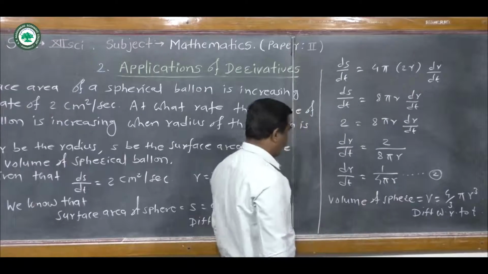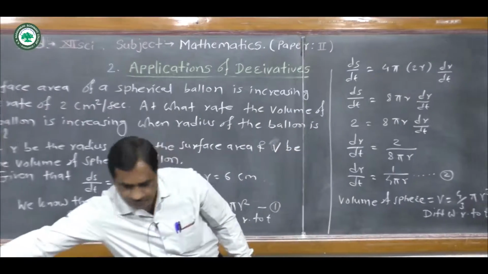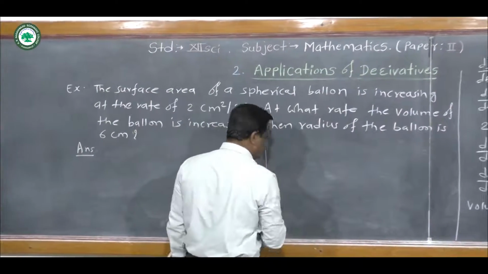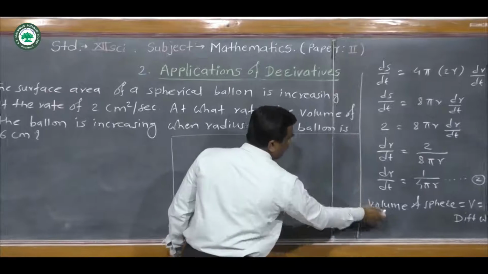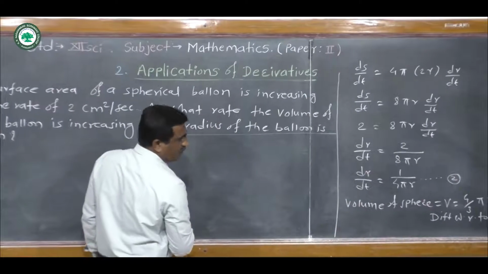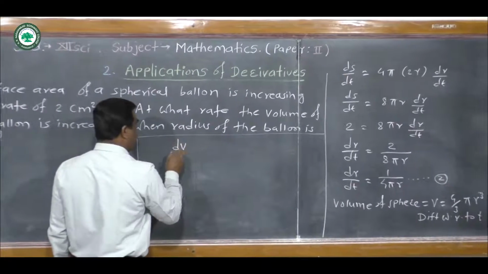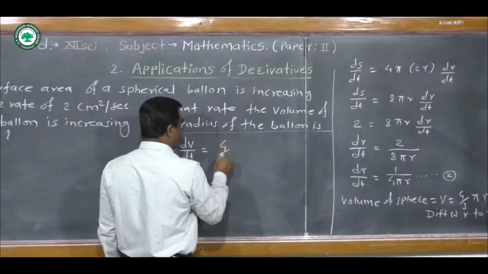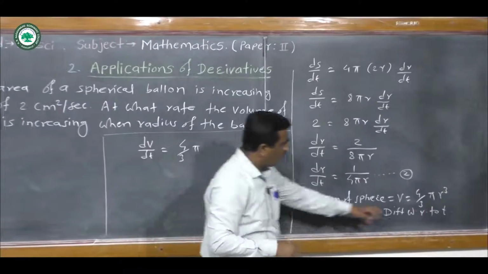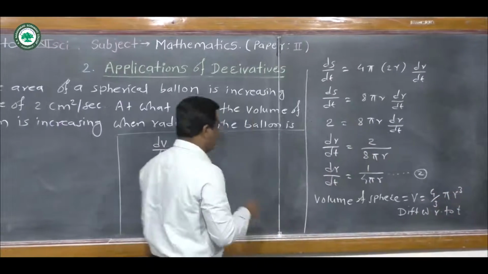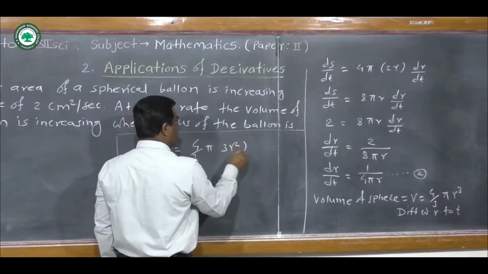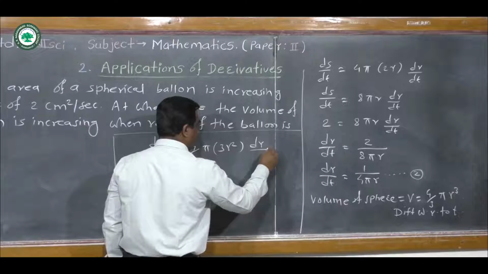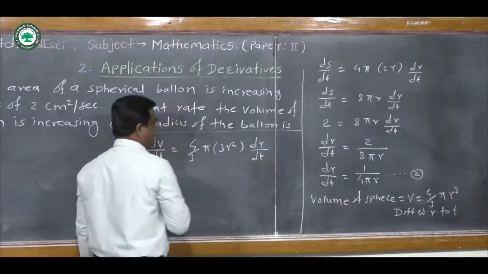Then we can find the derivative of V and r cubed. That is, we can write here the derivative of V with respect to t, dV by dt, is equal to 4 by 3 π times the derivative of r cubed with respect to t, 3r squared into the derivative of r with respect to t, dr by dt.